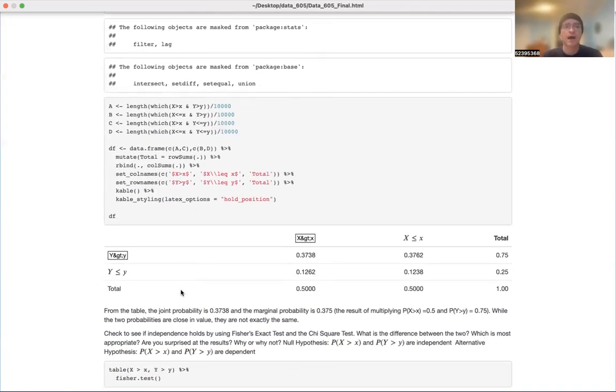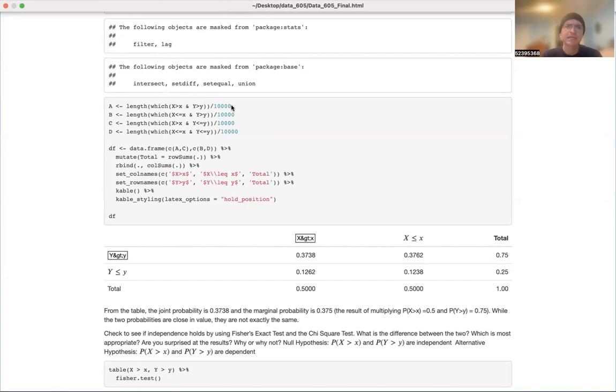So in my table, obviously A is the probability that I had defined up above. Then I have B, which is just the probability that a value in my random uniform distribution is less than or equal to the median, and a value in my random normal distribution was greater than the 25th percentile.